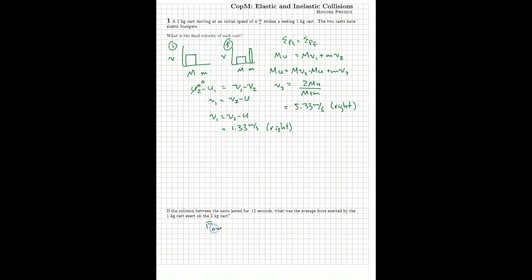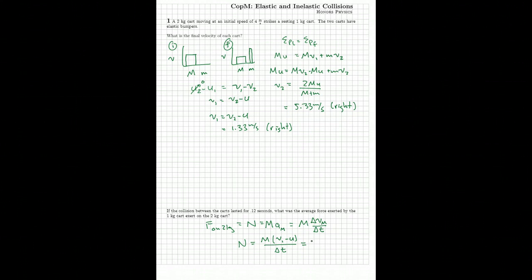So if I look at the force on the 2 kilogram cart, that's the normal force from the first cart, which needs to equal its mass times its acceleration, which would be m times delta v over delta t. So normal force is m times v1 minus u, its change in velocity, over delta t. So this is just back to old stuff.